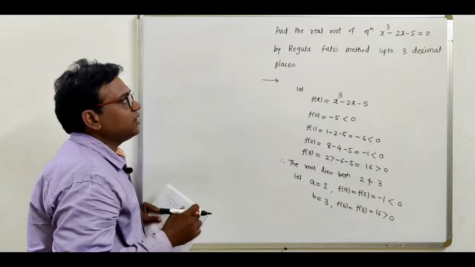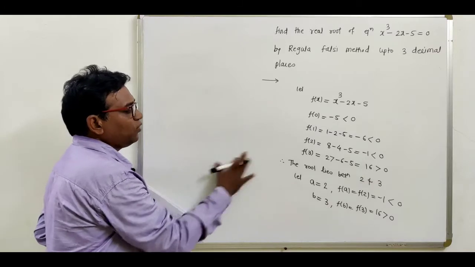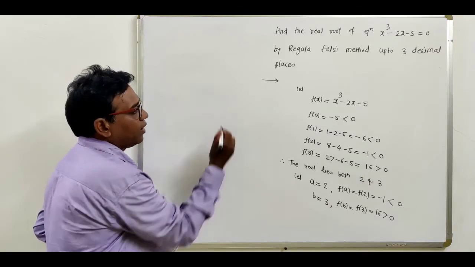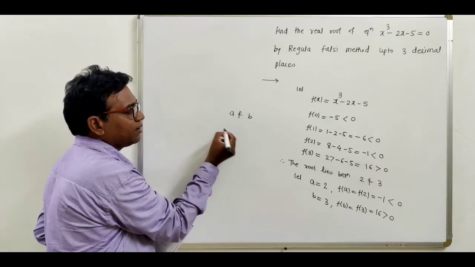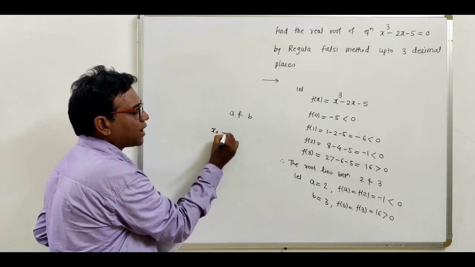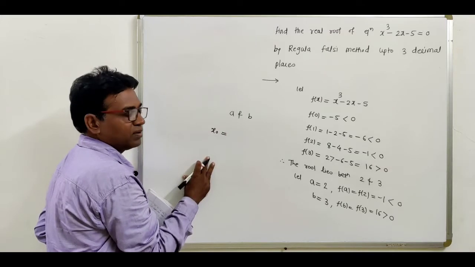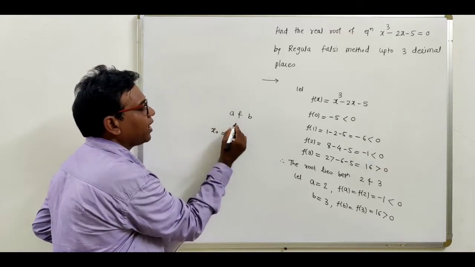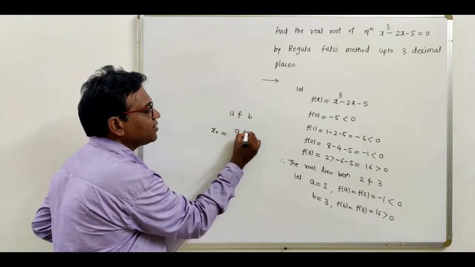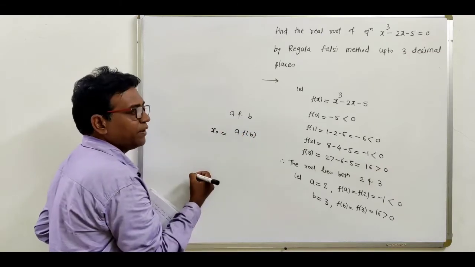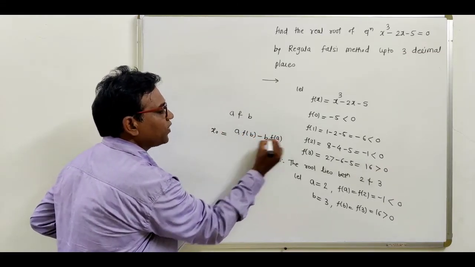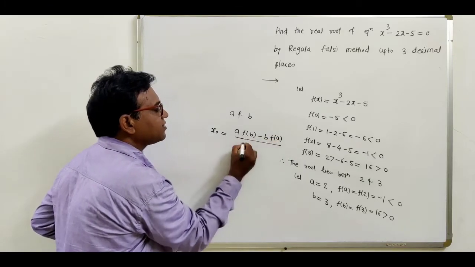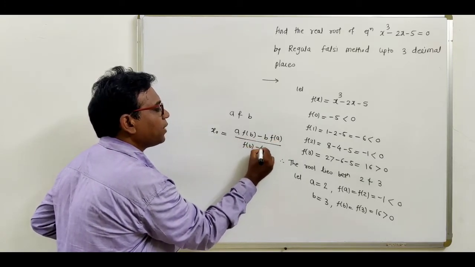Now just now we have seen the formula for the regular Falsi method. If the root lies between a and b, then how do we find the first approximate root x0? It is given by the formula a, and consider the opposite functional value fb, minus b, consider the opposite functional value fa, divided by the subtraction fb minus fa.